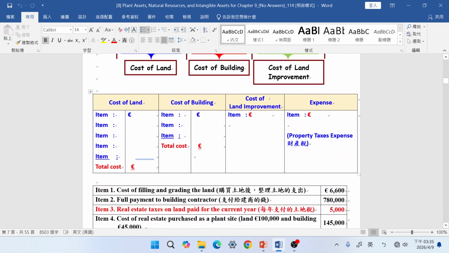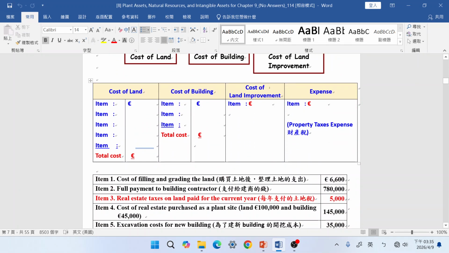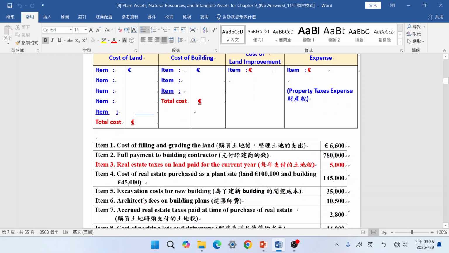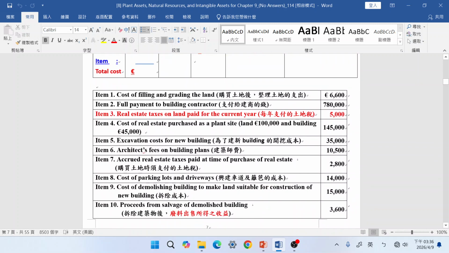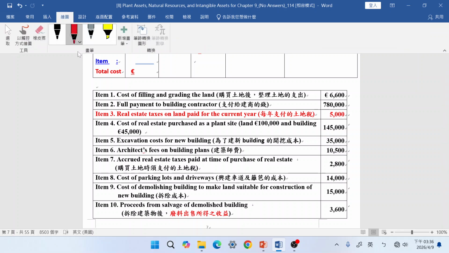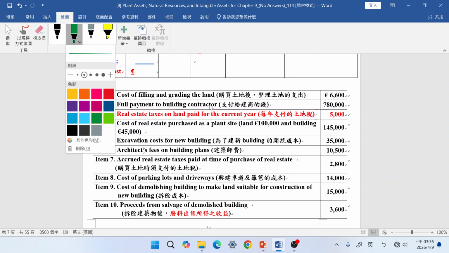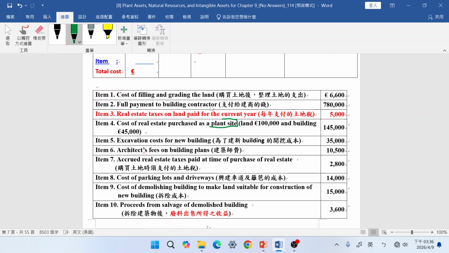For the 7th, we want you to find out the cost of land, cost of building, cost of improvement, and other expenses. So look at these 10 items. Remember, I give some hints. You buy it for a plant site.